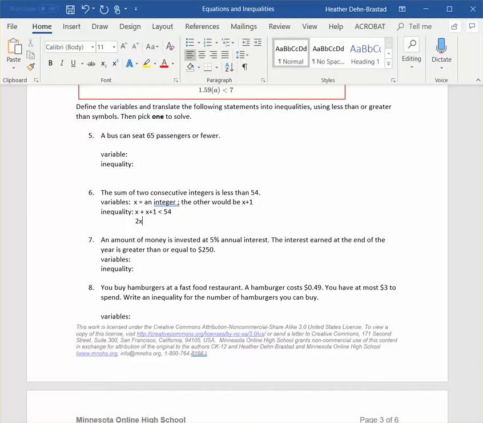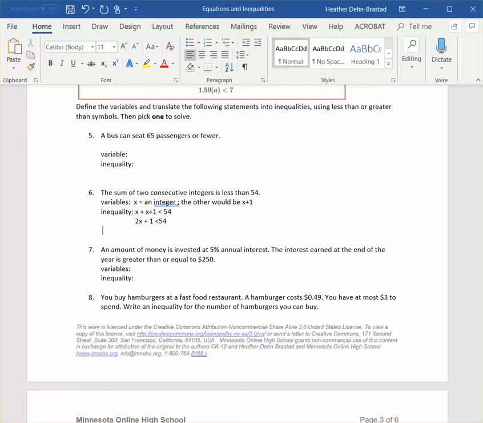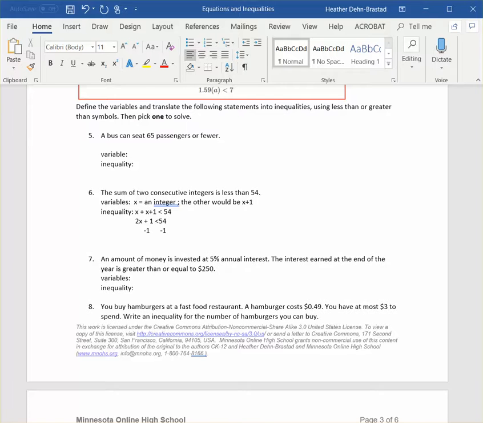X and x is 2x. Plus 1 is less than 54. Let's go ahead and finish this. I'm going to subtract 1 from both sides to undo that plus 1. So I get that 2x is less than 53.